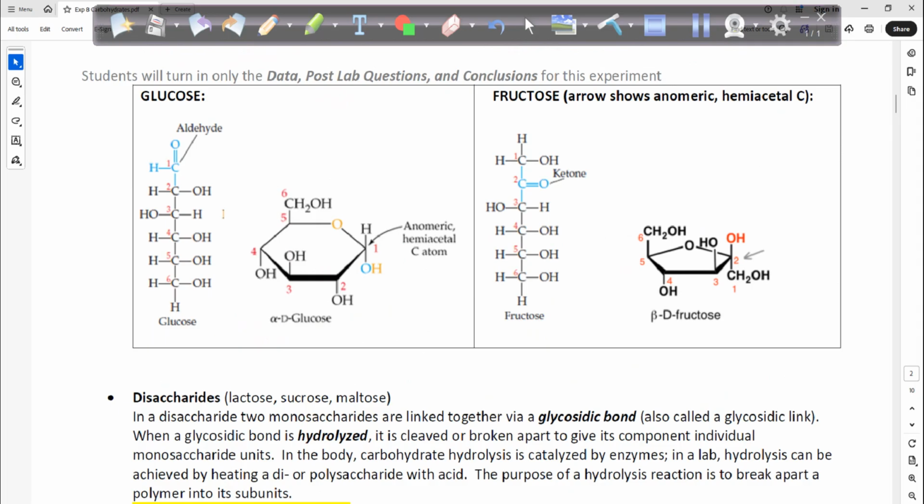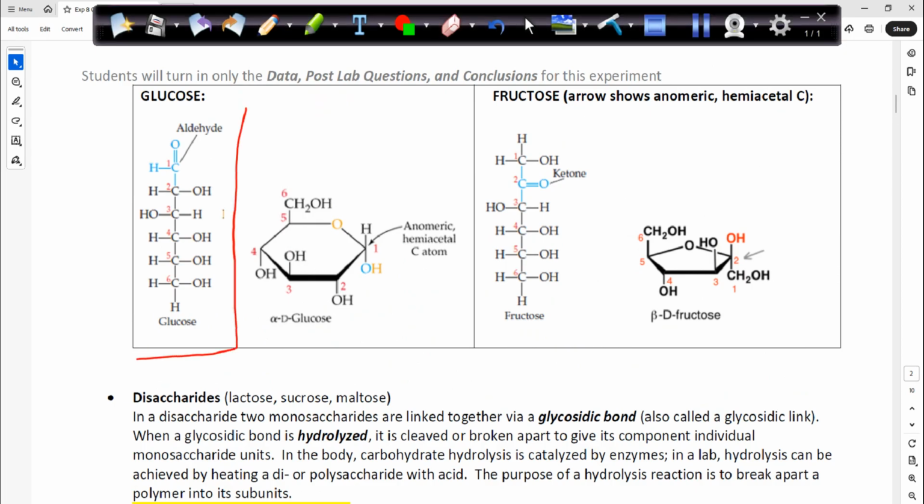So here they are. This is the glucose. This is the X and Y drawing of it, the line structure. But this is the 3D type of structure, so you can see in detail up and down.